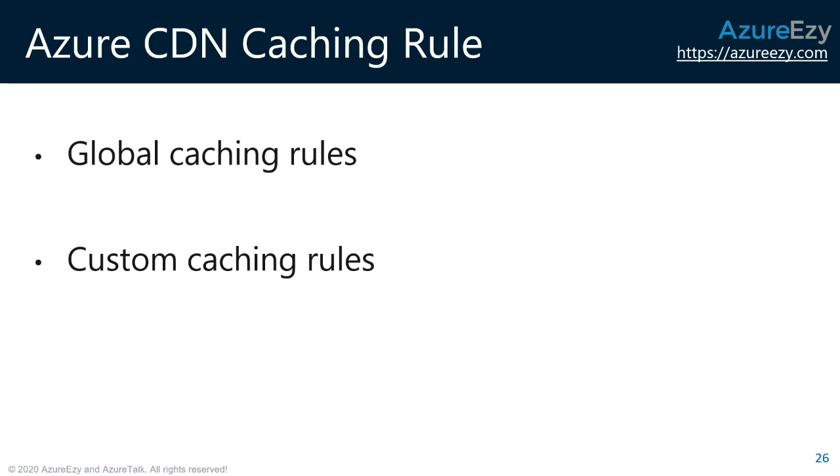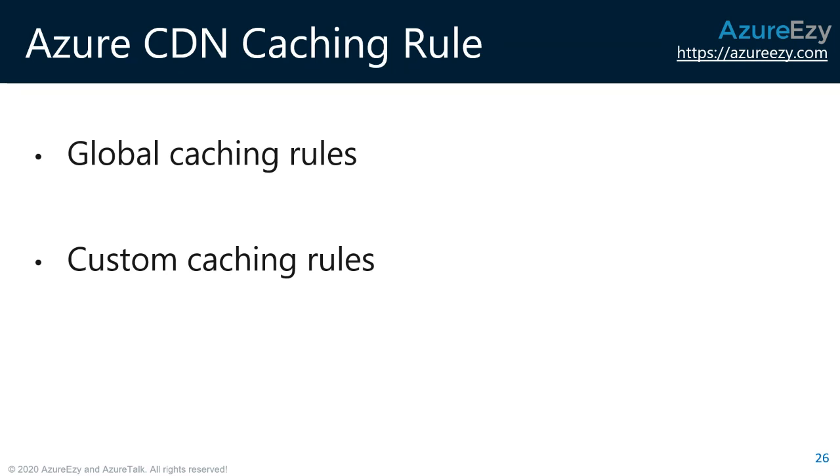So if you have a CDN profile configured, then you configure some endpoints, and for every endpoint you can create one global caching rule. If you need multiple caching rules, you can create custom caching rules, one or more for each endpoint in the CDN profile.